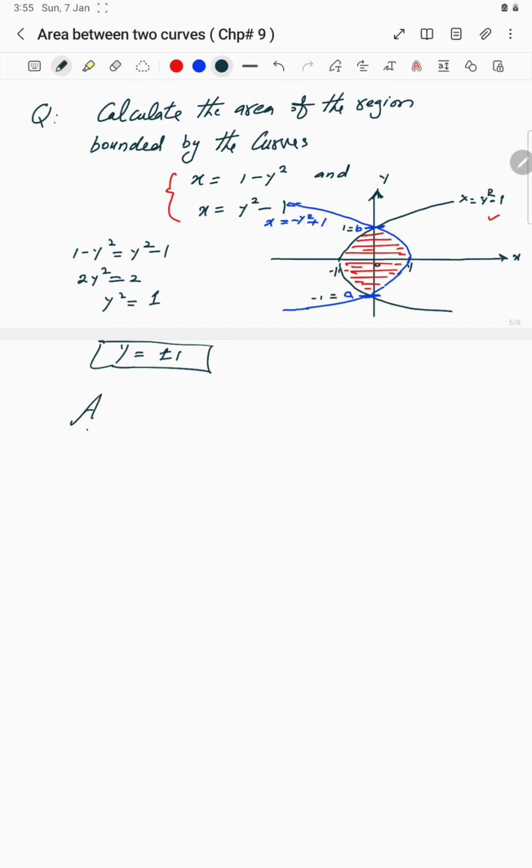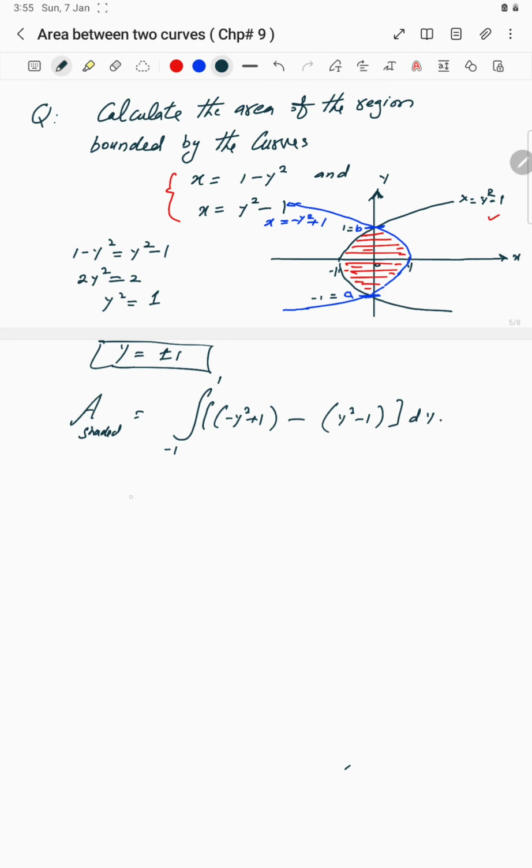Then the shaded area will be integral of minus 1 till 1, and the right function is what? Minus y square plus 1, minus the left function, y square minus 1, d of y.